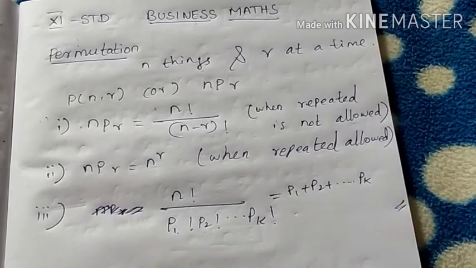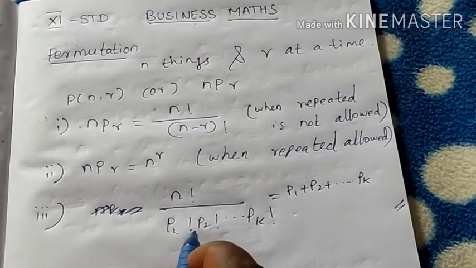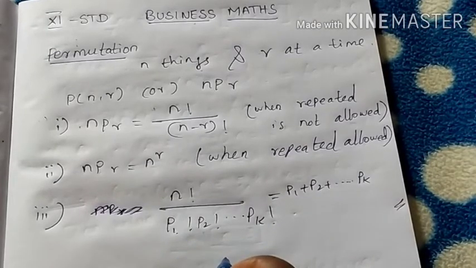This is your third formula for permutation. Have you understood?